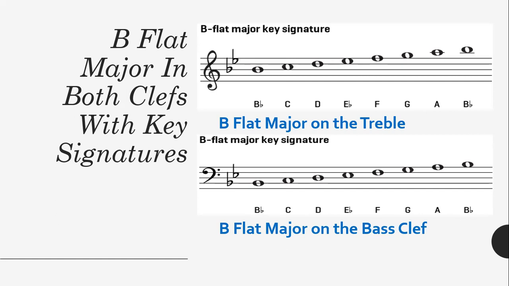G on the line. A in the space. B on the line. C in the space. D on the line. E in the space. And F on the line. Did we get that? Yes, sir.